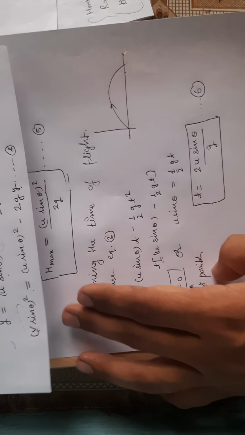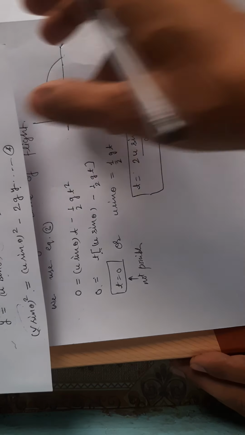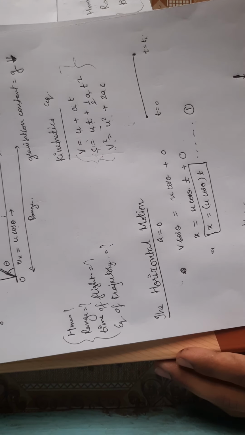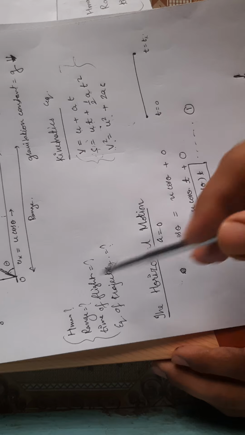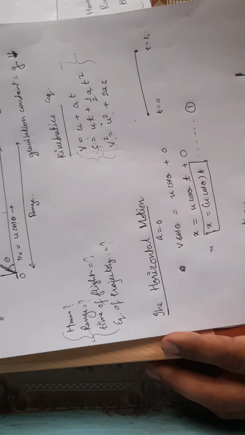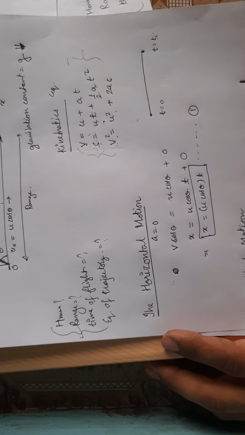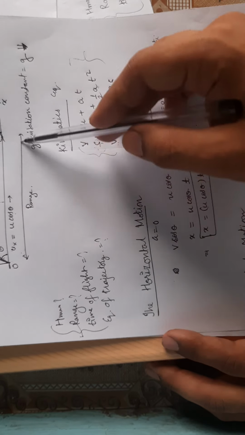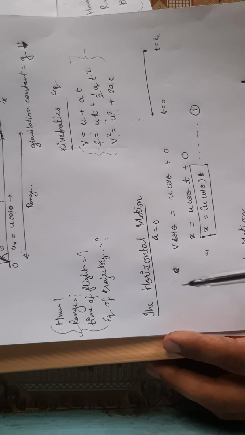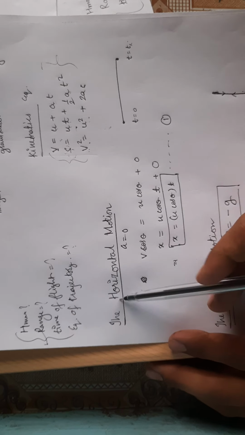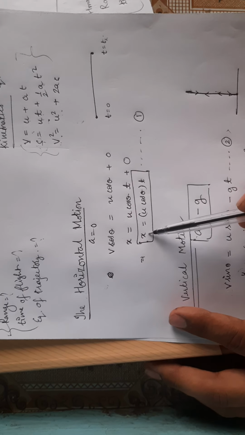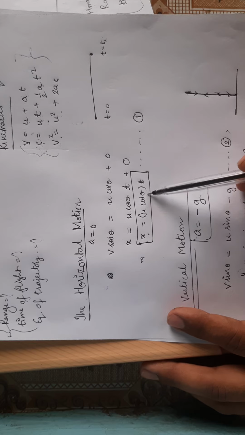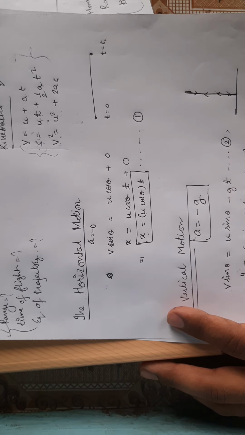which we take as equation number 6. Okay, now move further and try to find another relation, the range. Range is the maximum displacement along the x-axis or the horizontal motion. In the horizontal motion, we know x is equal to u cos theta t, equation number 1.